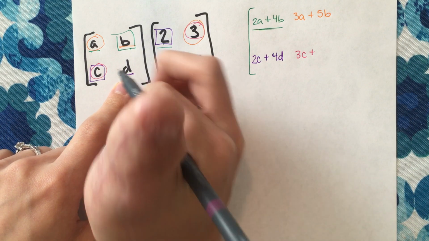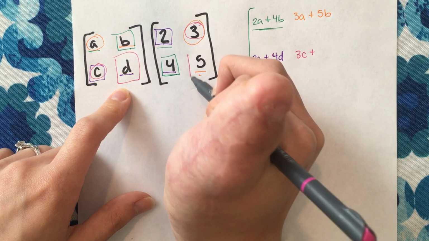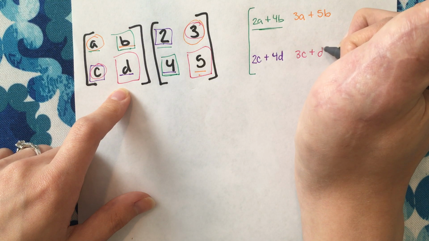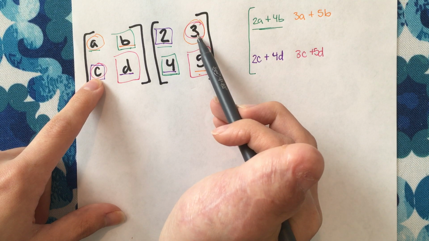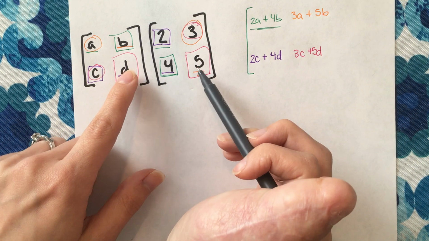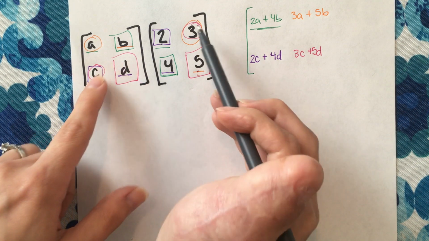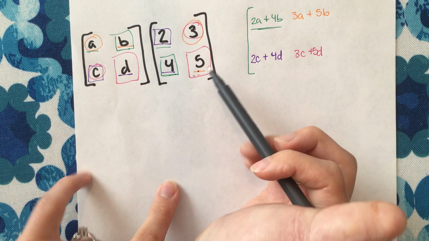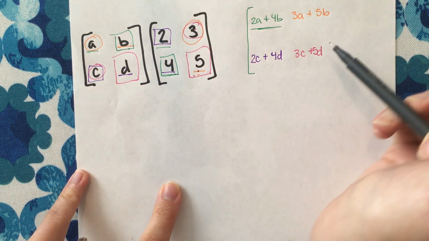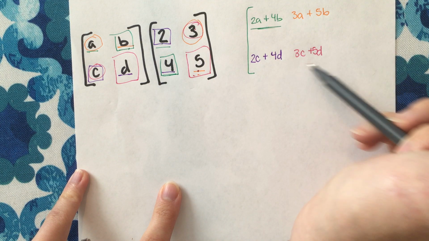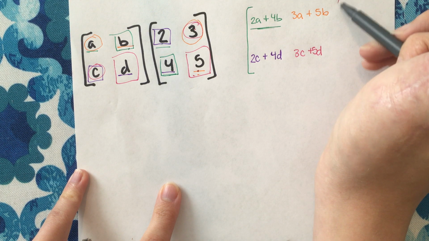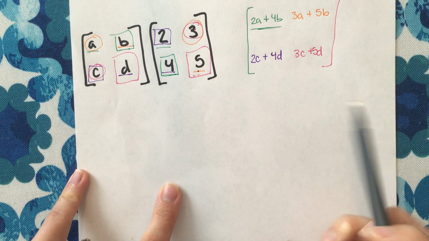Next we're going to do D times 5. So we have 5D. So I multiplied this, added it to these two multiplied. So I did the second row by the second column to get my A22 element. And so this would be my matrix here.